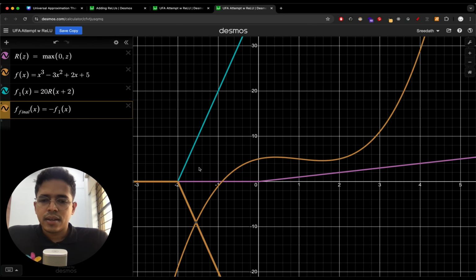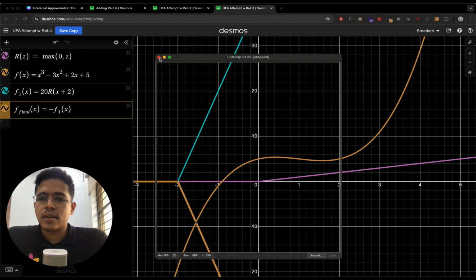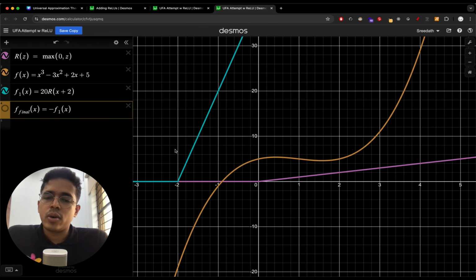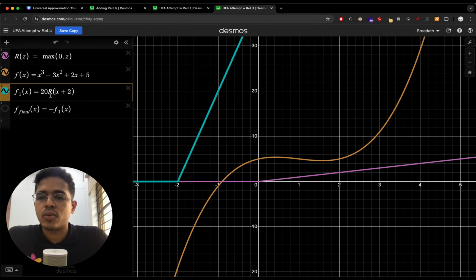Okay. One more thing that I can do here is, probably what I should do is, instead of this blue line, I should shift the blue here and make the slope like this, right? So minus x, what if I had something like this?